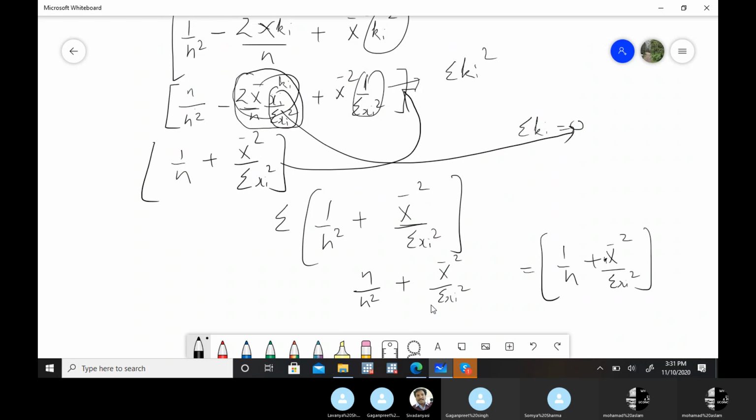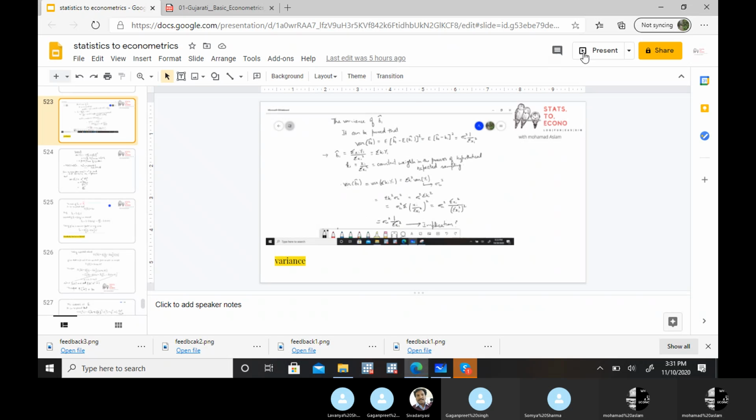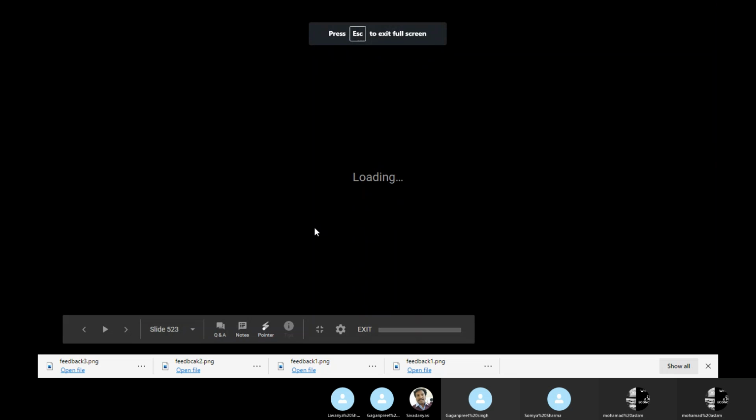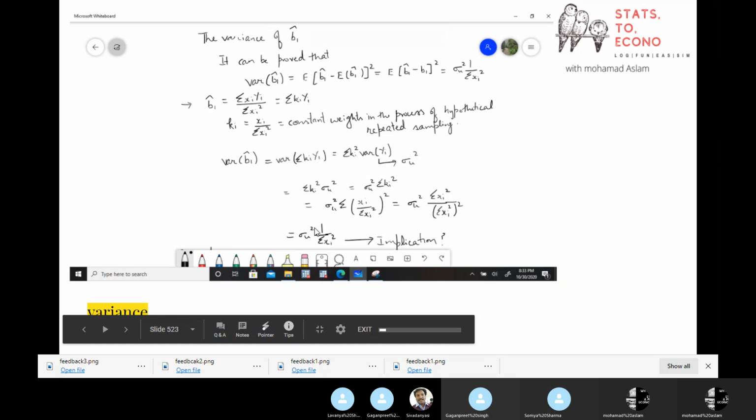Now, one important point which I want to highlight here: in both the derivations, whether it's beta 1 hat, the slope coefficient, or the intercept coefficient, we use this particular derivation, that variance of yi is equal to sigma square.